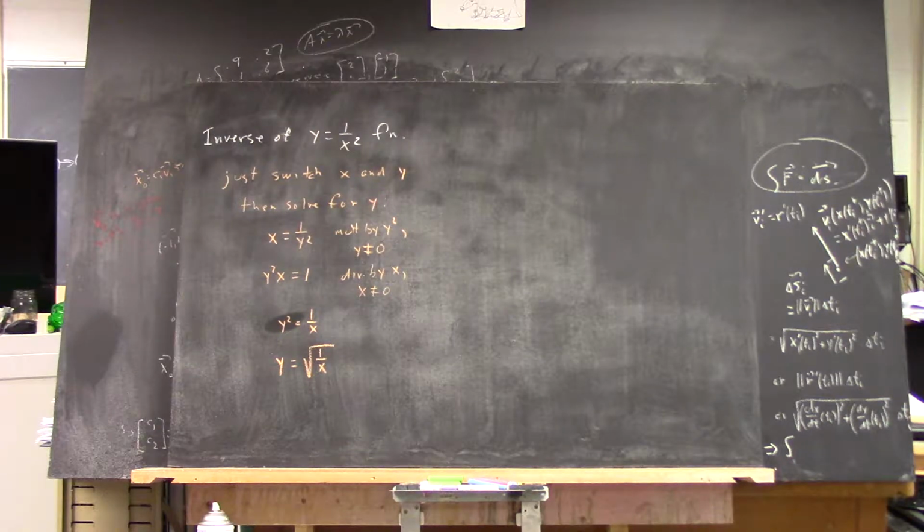Would it be 1 over the square root of x? Well, yeah, but that's equivalent to the square root of 1 over x. Okay? So there's nothing wrong in that aspect, although we could write it that way, and that might be the way we'd want to write it. So that's a good step, but this step is still wrong. And 1 over square root of x would be wrong, although it's partially right.